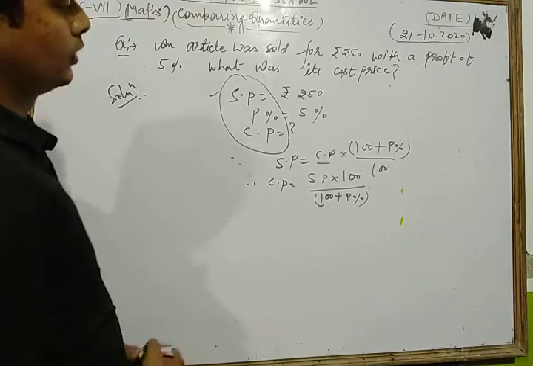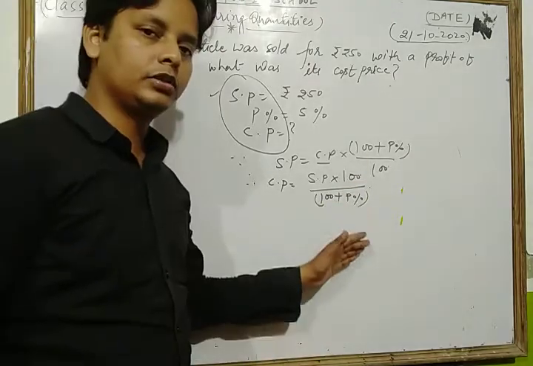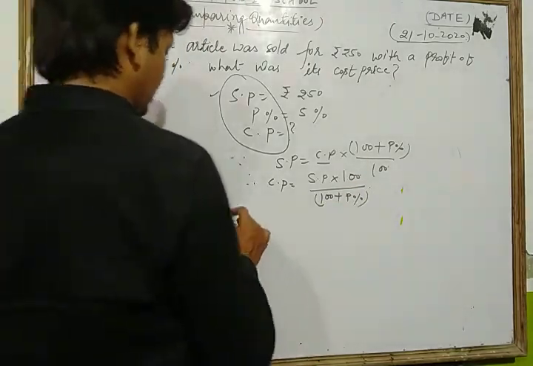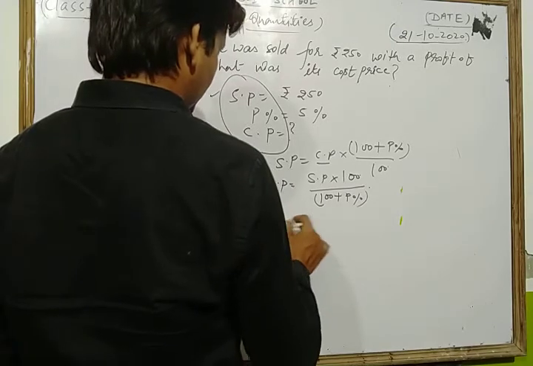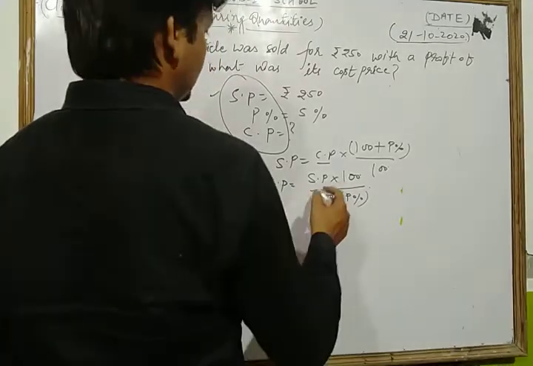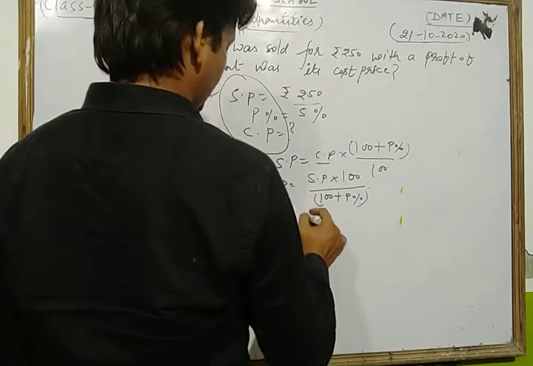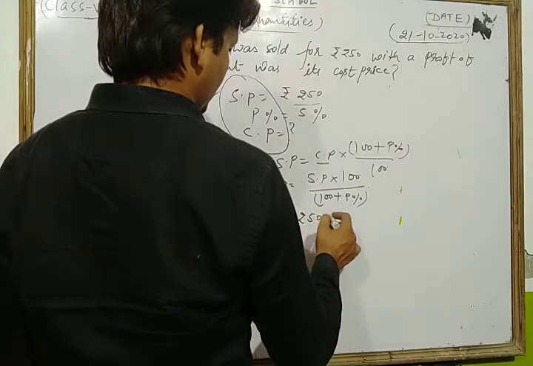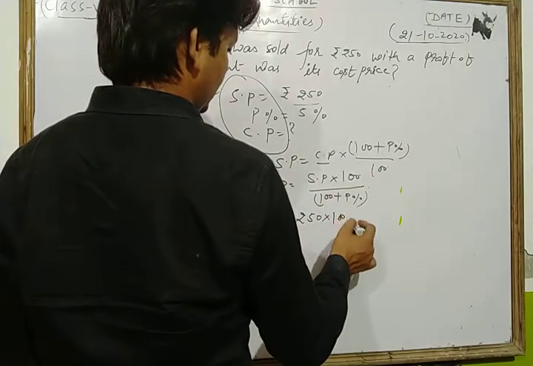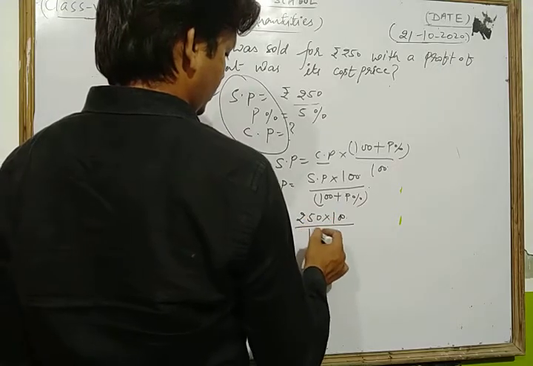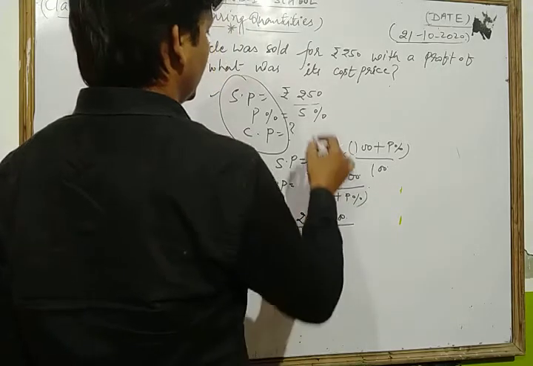Now we put all the values in that formula. Selling price is 250, into 100, upon 100 plus profit percent, which is 5.